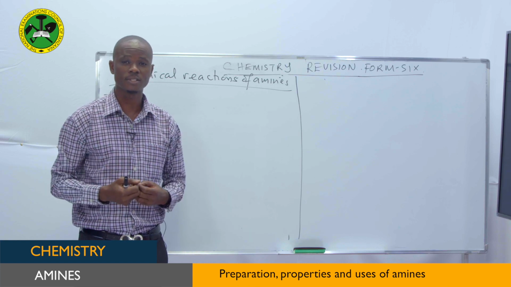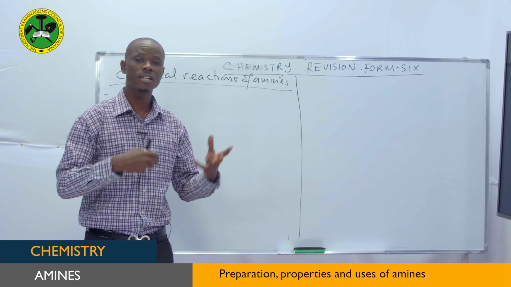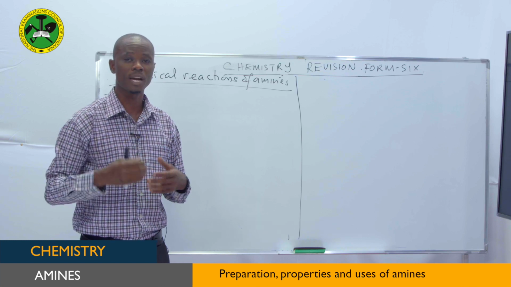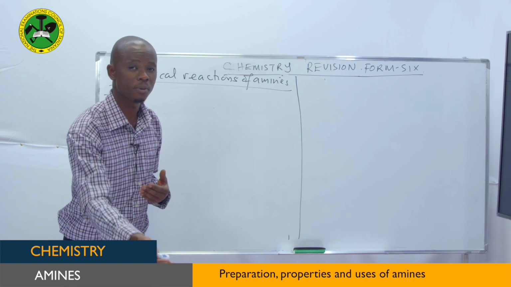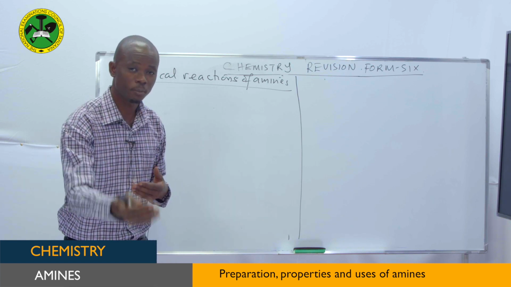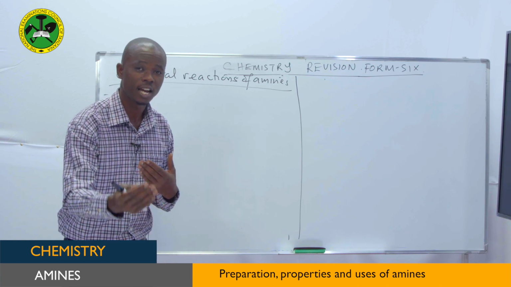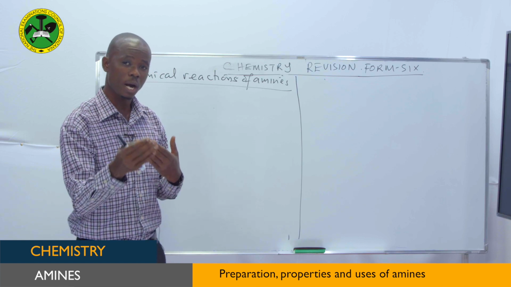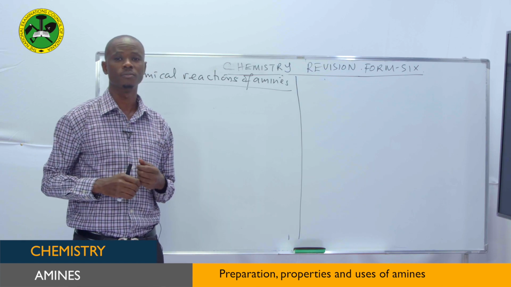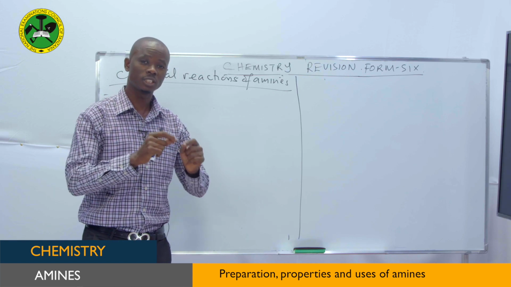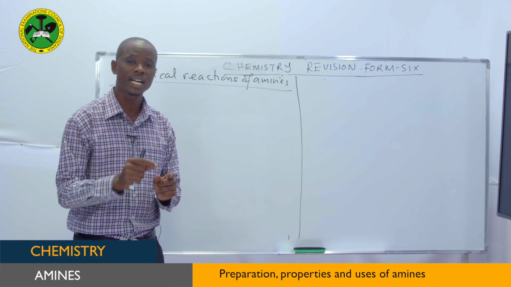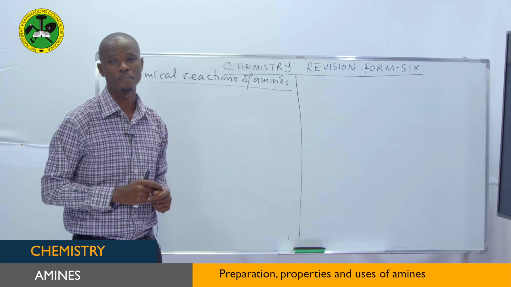They are Lewis bases, reactive by donating a pair of electrons. When they donate a pair of electrons to a Lewis acid, they welcome the Lewis acid to come and bond to the nitrogen atom. So the electron density on the nitrogen atom explains how reactive the amines can be.